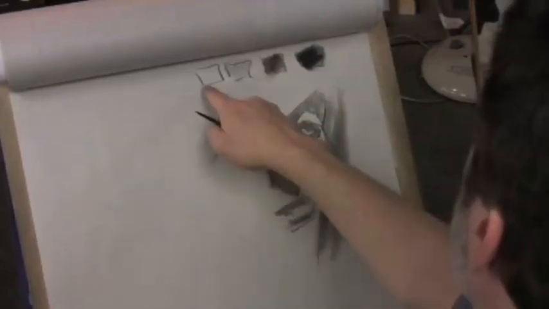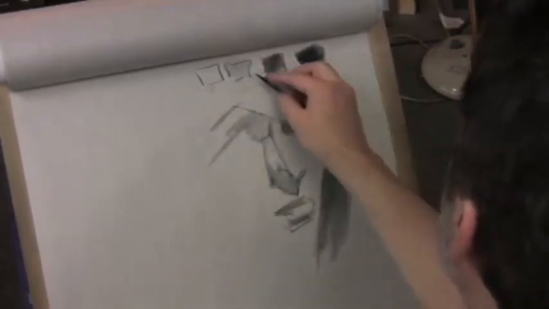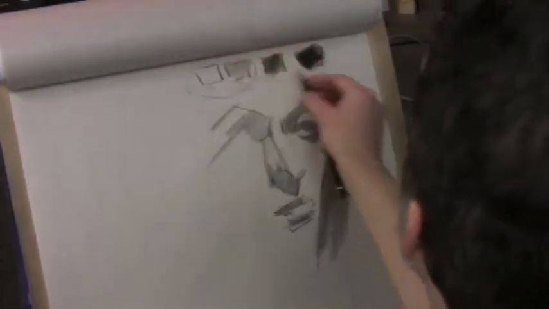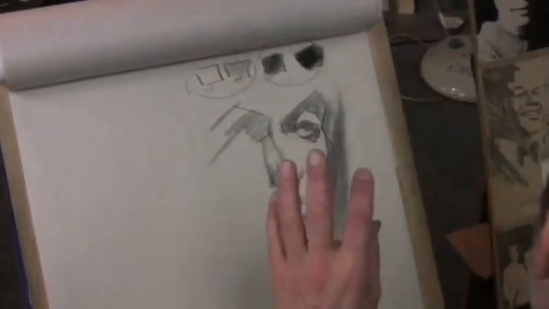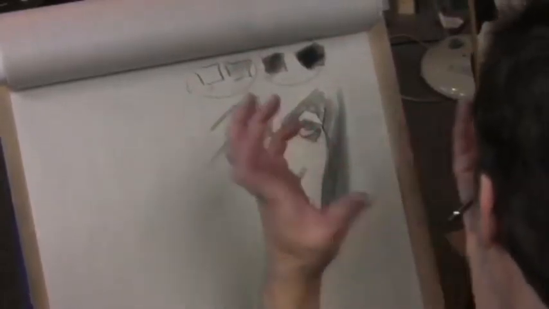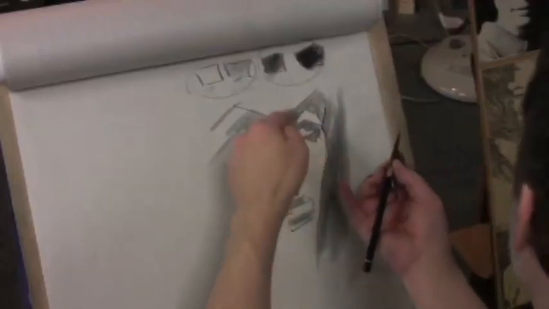Give yourself a white and a black, and then 2 steps of equal jump. But squint at your reference, look at your model. Everything is going to be in the light group or the dark group. Give yourself a real limit to the values so that you can spend your energy on the quality of the shape, and then second, the edge.